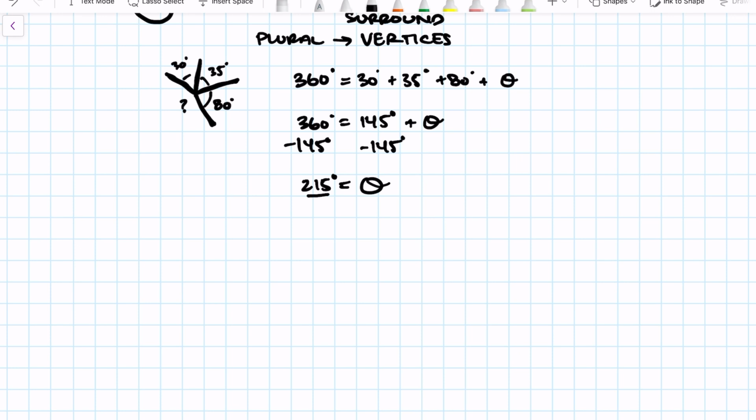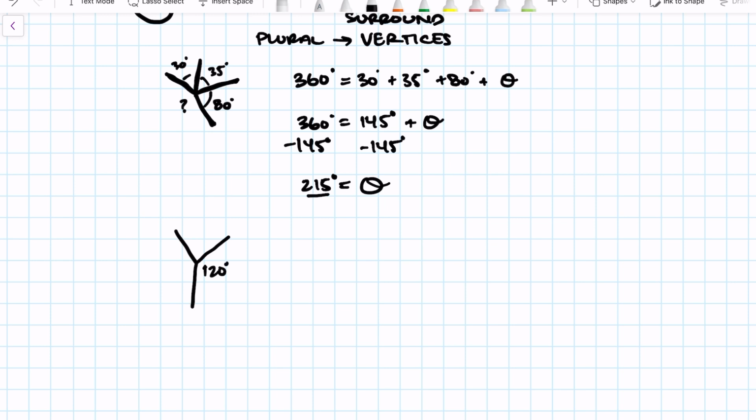Now, sometimes you do need to add a little bit of algebra into this. So let's try another practice question. In this question, we are going to have different angles. Let's have three different angles here. They do look kind of even, but we'll try to make this a little bit different. Let's say there's an obtuse angle, about, let's make this one 120 degrees.